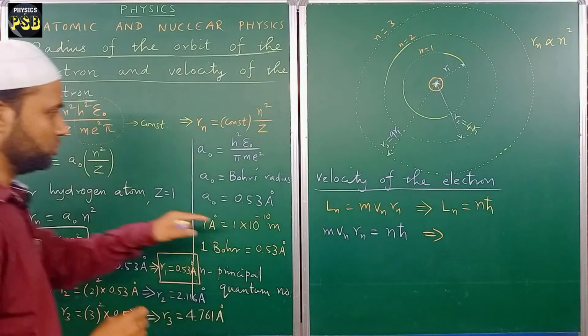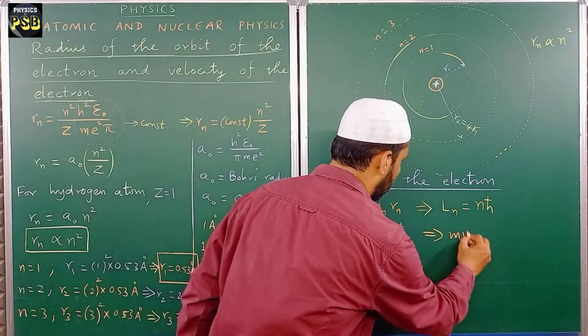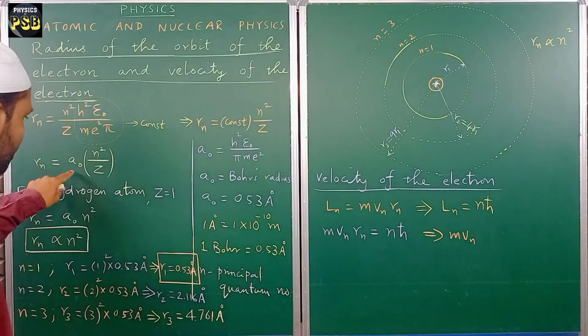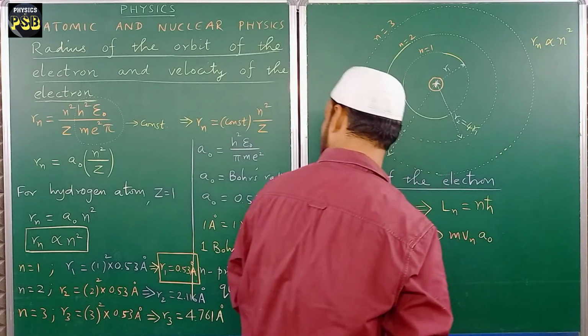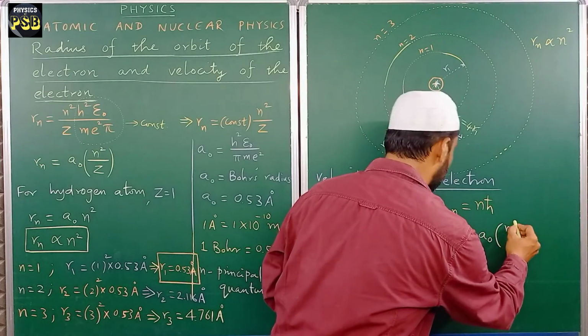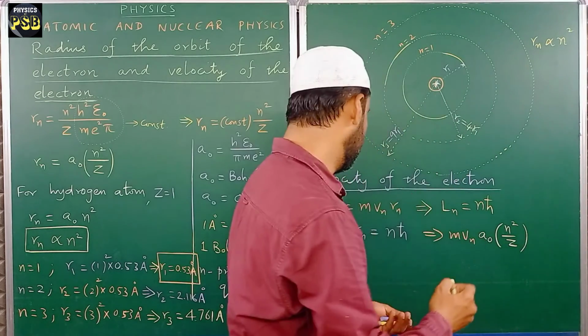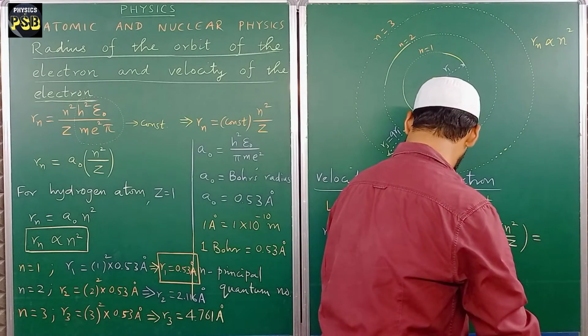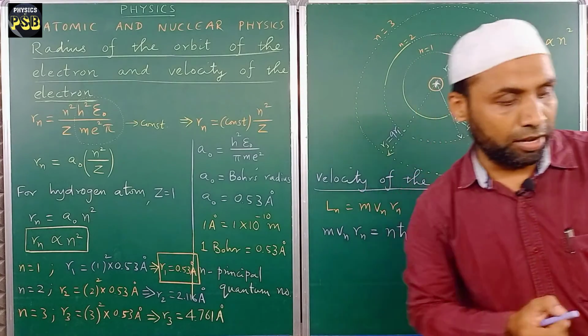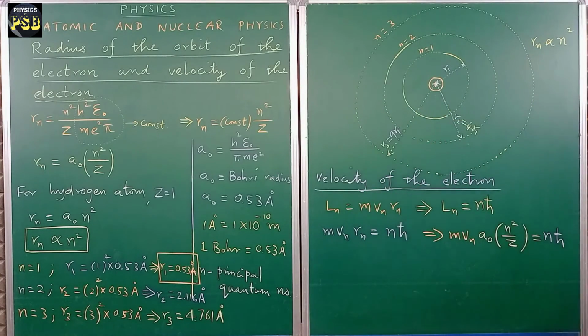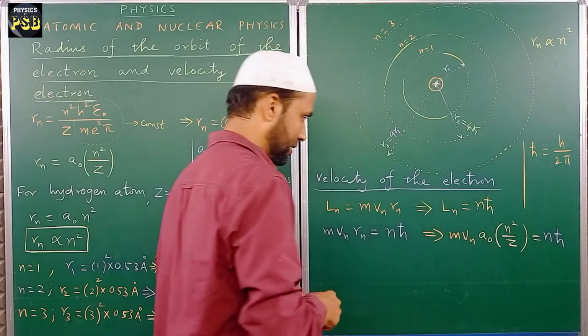So m vn, in the place of rn I substitute its value, that is nothing but a naught n square upon z, which is equal to n h bar or n h cross. Okay, and we know very well h bar is nothing but h upon 2 pi. So if I substitute the value of h bar here, then what do I get? I get this.